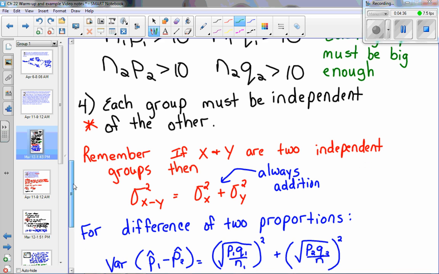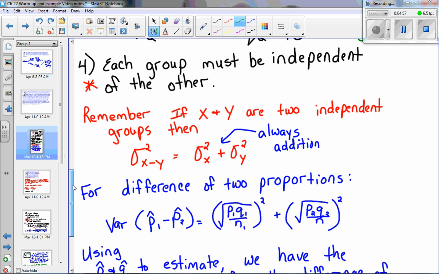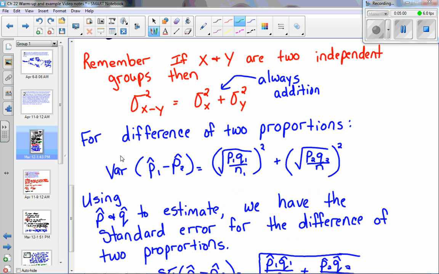And the reason why is, remember that when we had two different populations or two different groups, and we wanted to talk about their variances, even if this was subtraction down here, variances always add. But in order to do this, they had to be independent. And that's the same formula here, because this is the variance of, instead of x minus y, it's going to be p hat 1 minus p hat 2. And so in order to use this formula, which we need to use, the two groups must be independent.